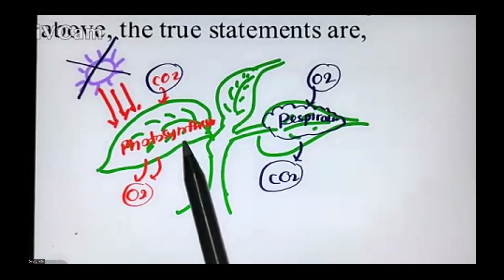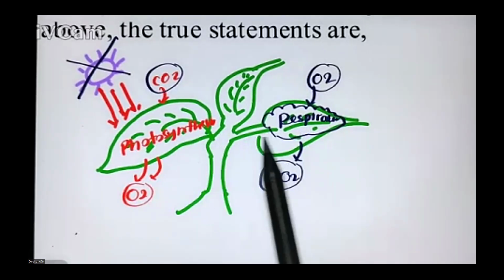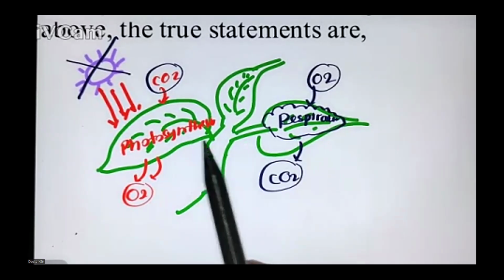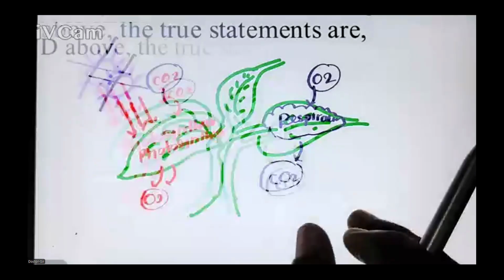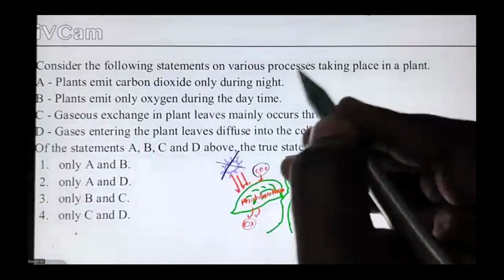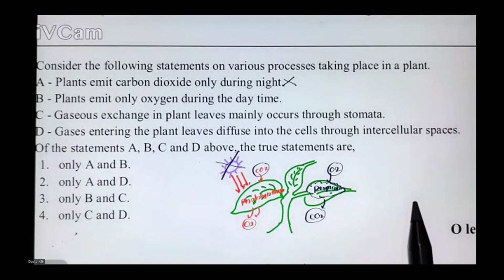So in the daytime both photosynthesis and respiration can happen, but at night photosynthesis cannot happen, only respiration. So the first statement, that the plant emits carbon dioxide only during the night time, is wrong. Why? It is also emitted in the daytime, but compared to the daytime, the amount of CO2 released at night is high.